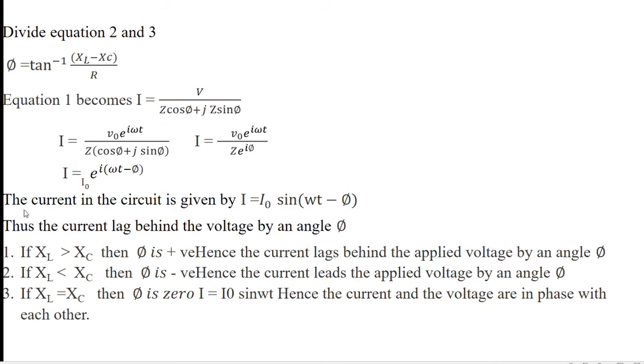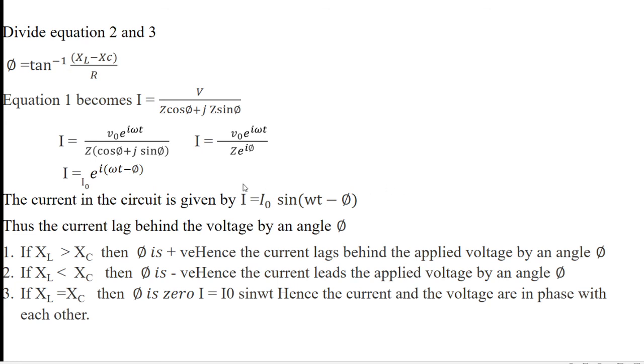So finally, the current in the circuit is given by I is equal to I naught sin omega t minus phi. Thus, the current lags behind the voltage by an angle phi.